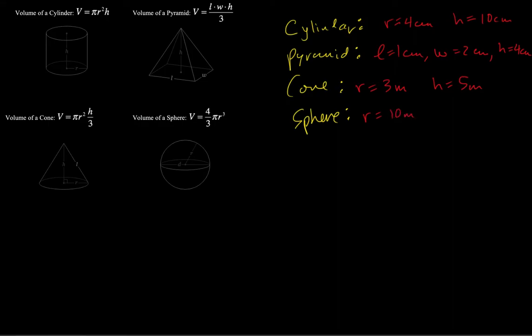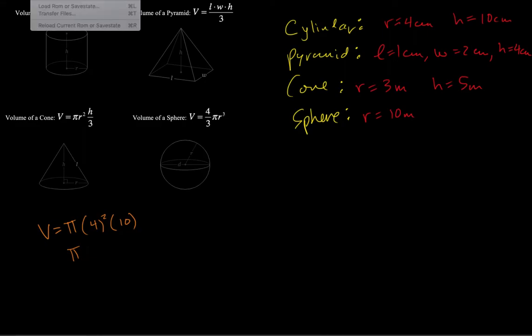So what we're going to do is just use all these formulas real quick. So the cylinder gives us V is equal to pi r squared h right here. So I'm going to do pi, r is 4, and then h is 10. Actually, let's just do this with a calculator to make it easier.